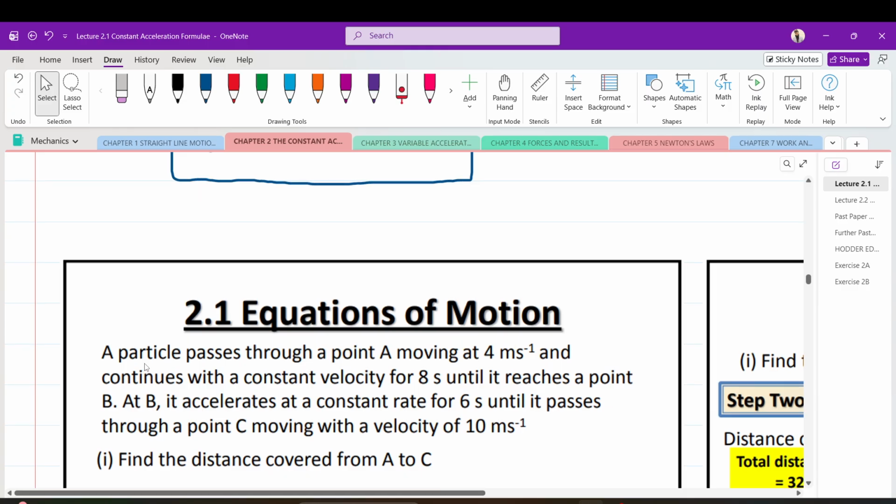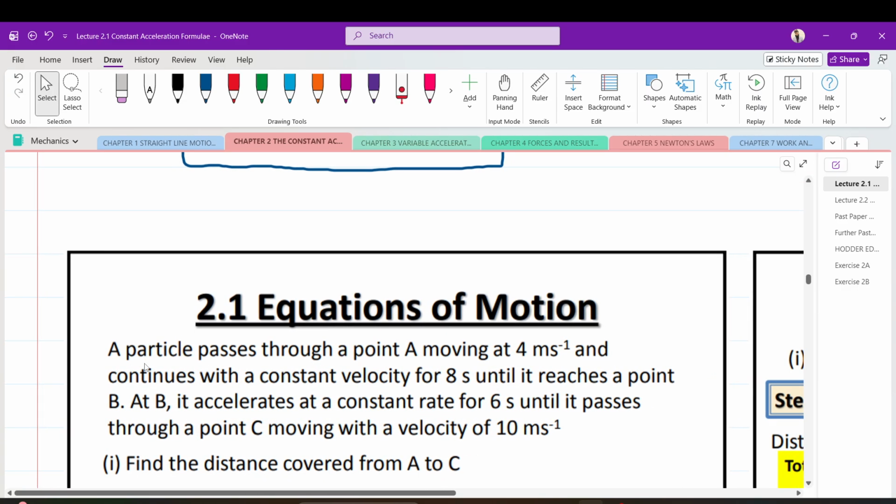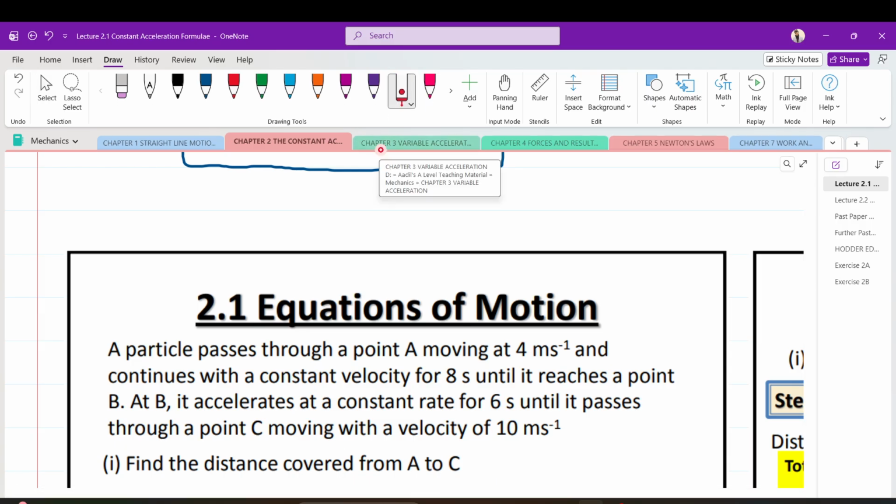All right. So let's look at an example. A particle passes through a point A moving at 4 meters per second and continues with a constant velocity for 8 seconds. So it passes through a point A, so that is your initial velocity. Then it continues with a constant velocity for 8 seconds.